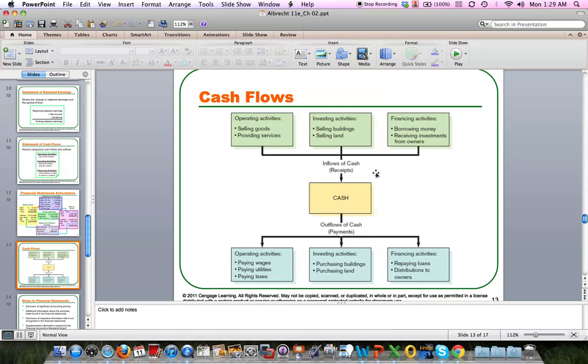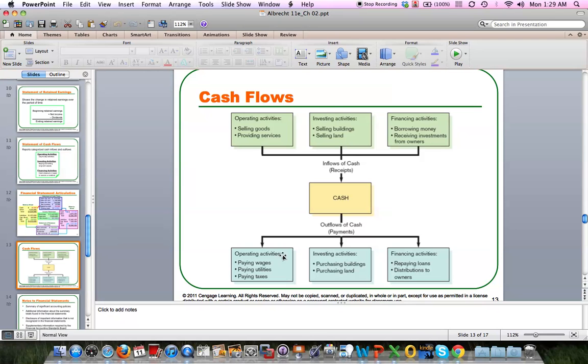Okay, then my cash flows out, again organized by the same three categories: operating, investing, and financing. Operating is expenses. This is the expenses I incur in the day-to-day operations of running my business. Investing is cash that goes out to buy property, plant, and equipment. Financing then is repaying debt or paying dividends.